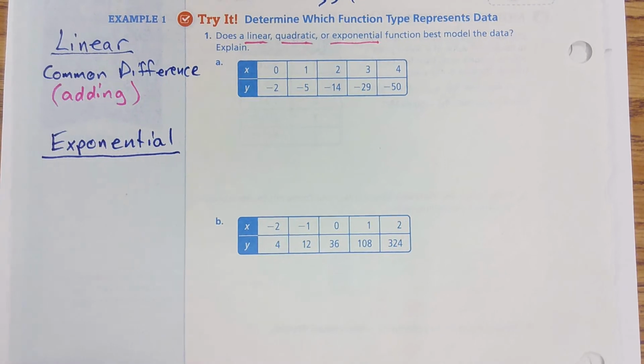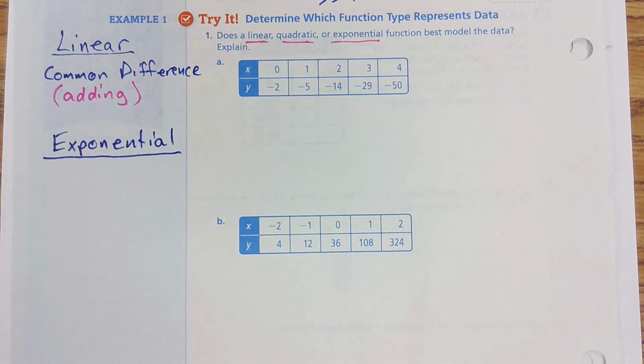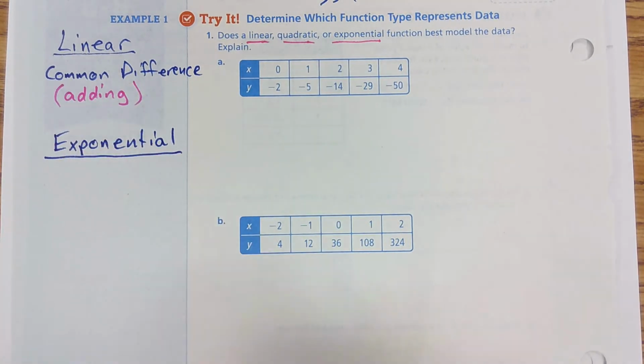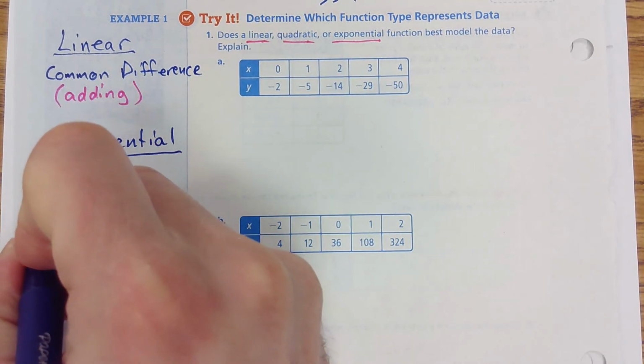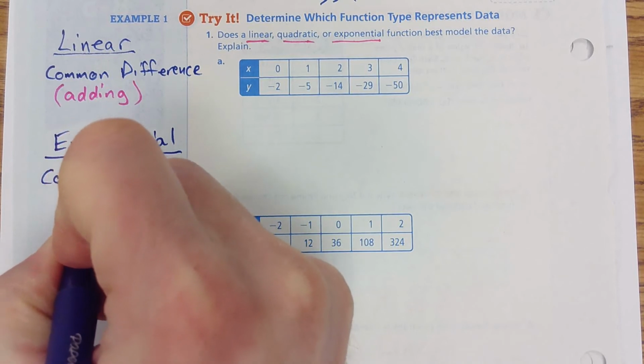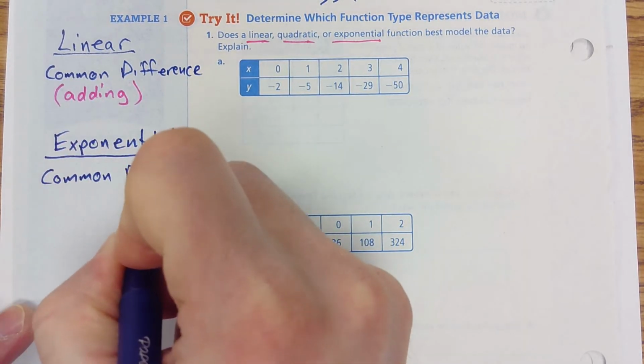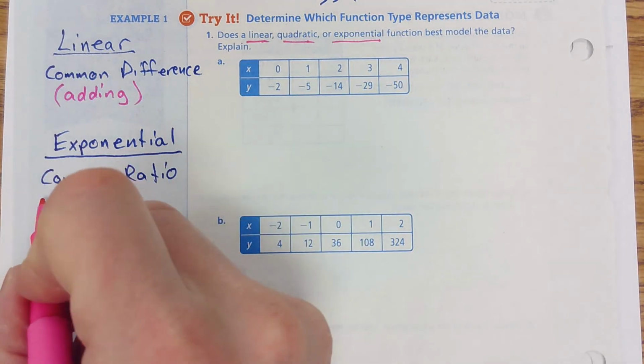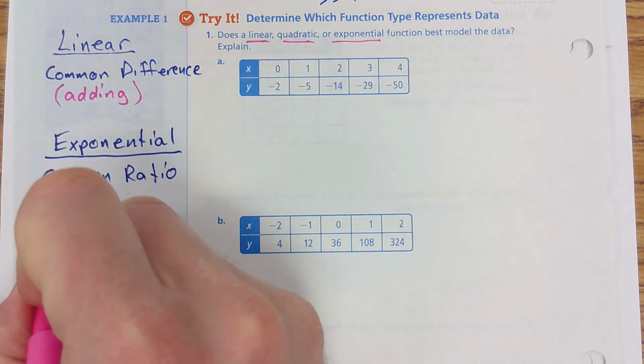And for exponential, remember the x is the exponent in an exponential function, and we were looking for what's called a common ratio instead of a common difference. And with a common ratio, that just means that we are multiplying by the same thing each time.